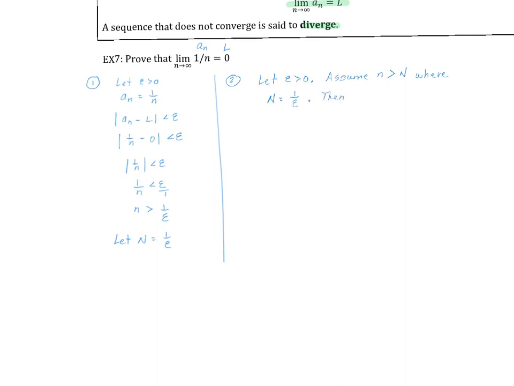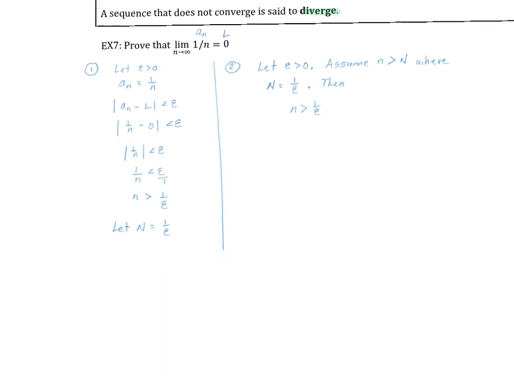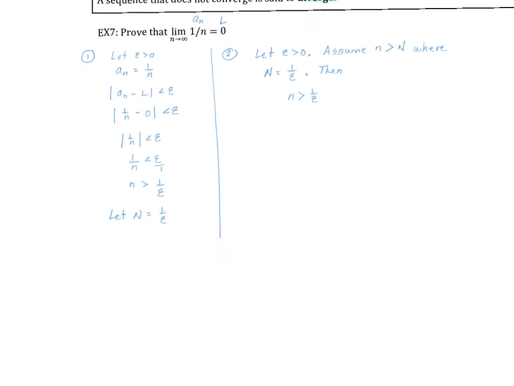Then, now I just have to show that a sub n minus L is less than epsilon. So I'm going to start with what I have. I know that n is greater than capital N, and I know capital N is 1 over epsilon. So I know that's true. And in this part of the proof, you're pretty much just working backwards from your scratch work.